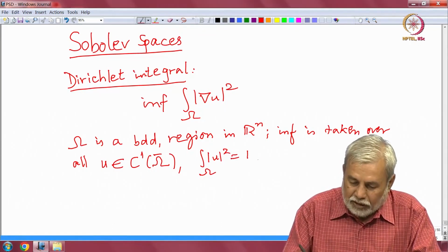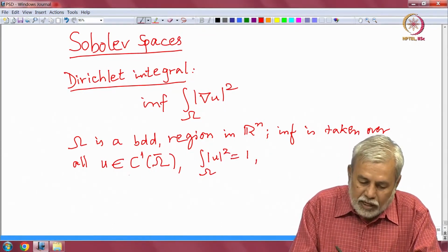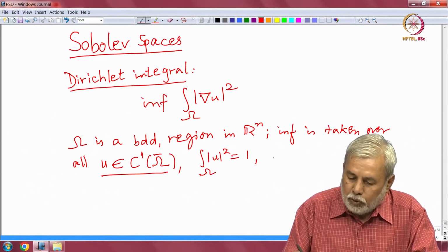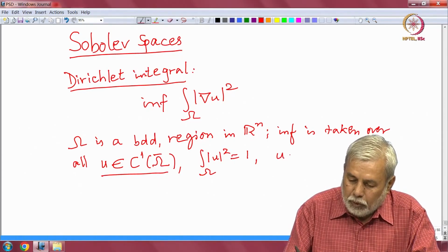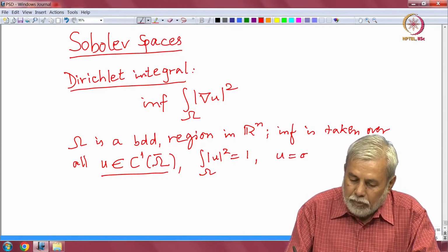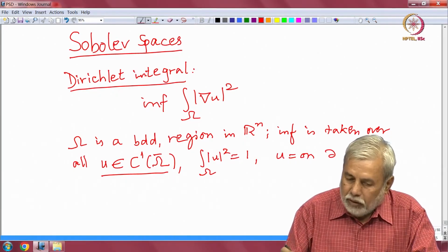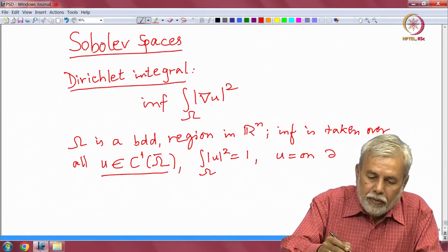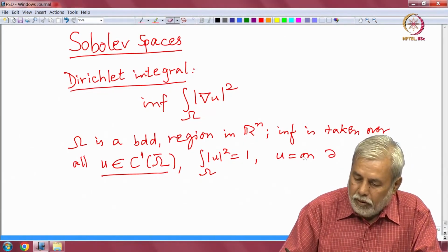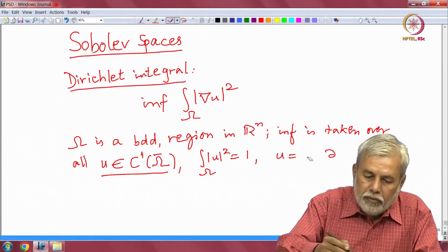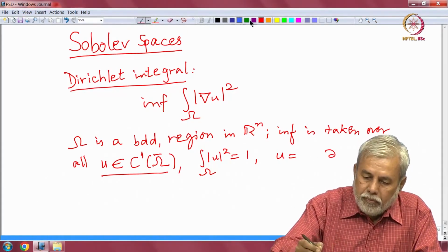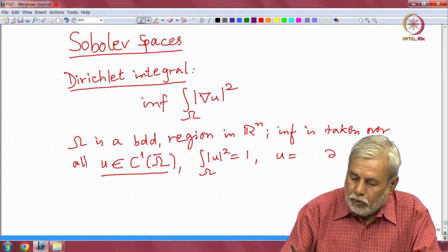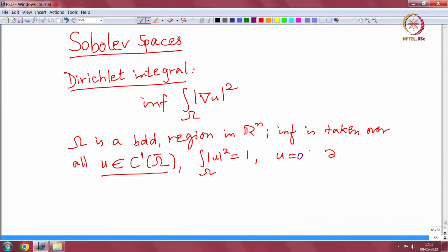Again this can be a constant, so since we are dealing with smooth functions, I put u equal to 0 on the boundary.